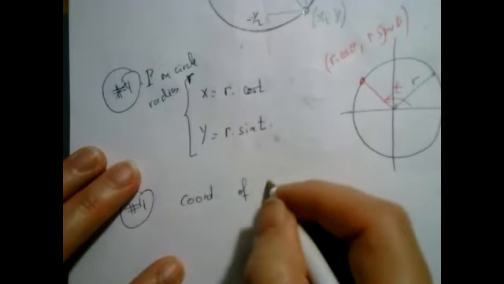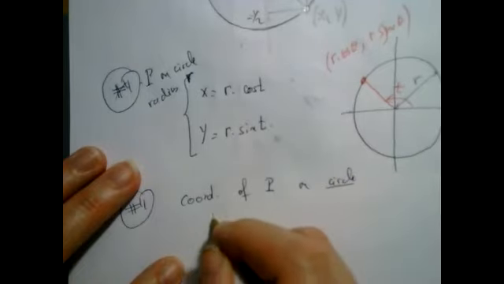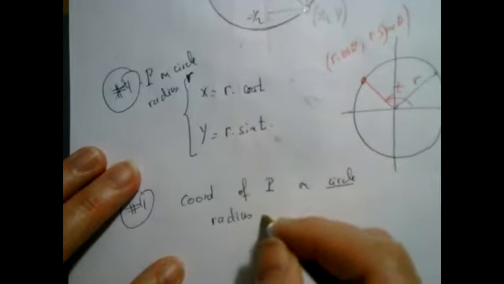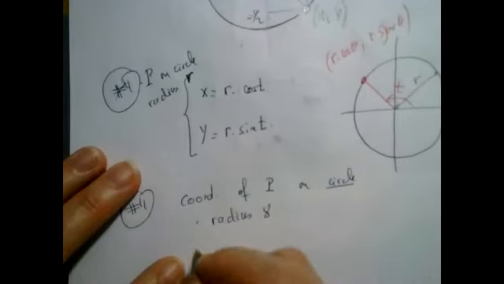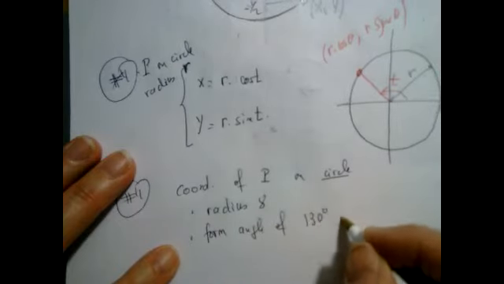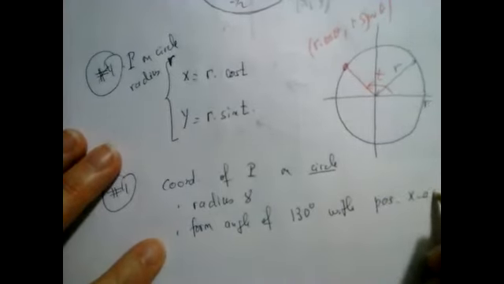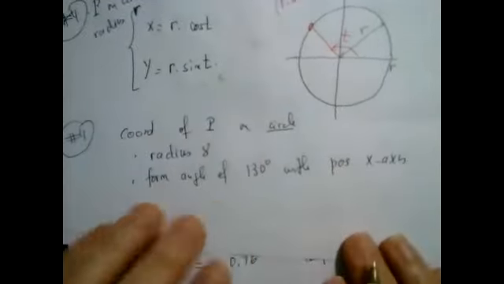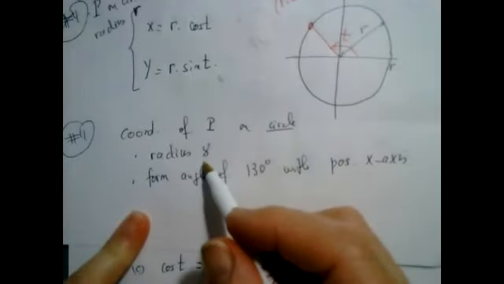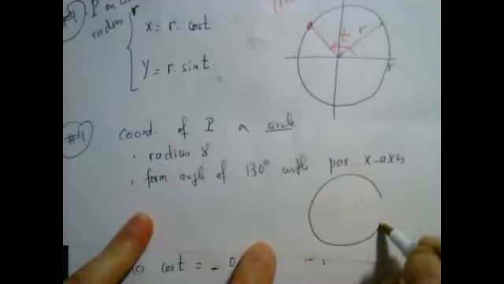Find the coordinate of the point P, which is on the circle with radius 8 and forms an angle of 130 degrees with the positive x-axis. Okay, so I have a point on the circle of radius 8.